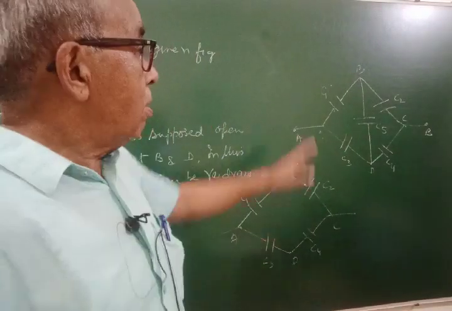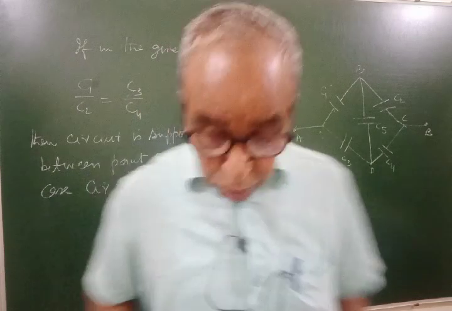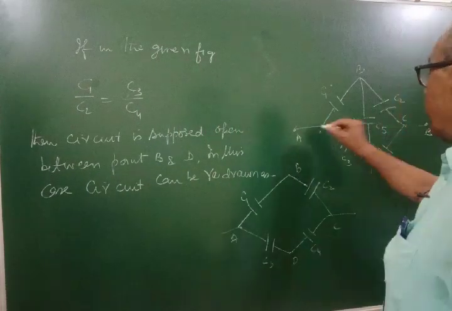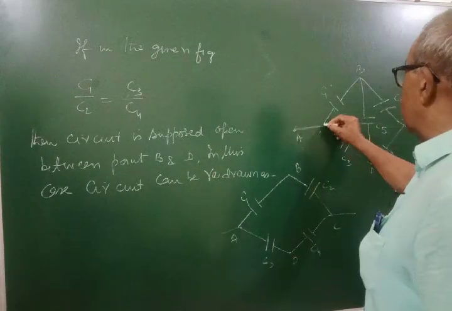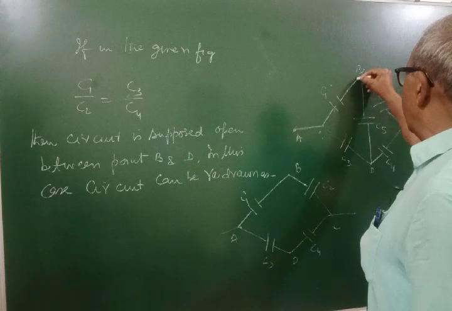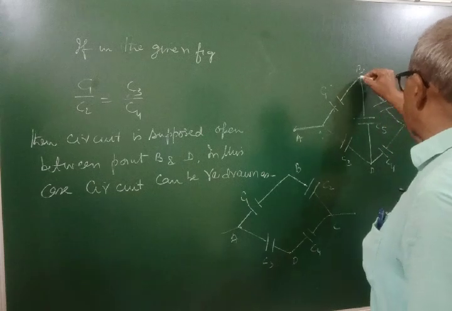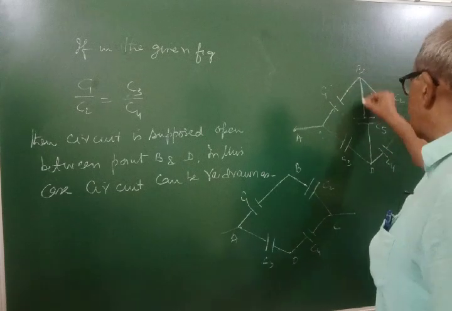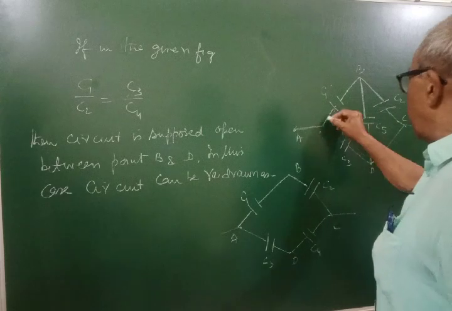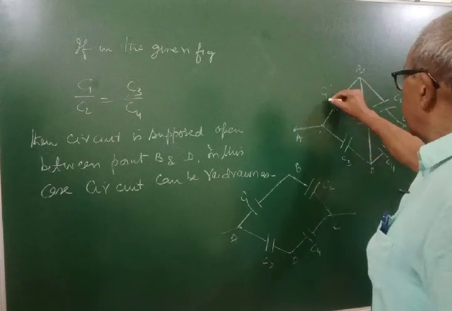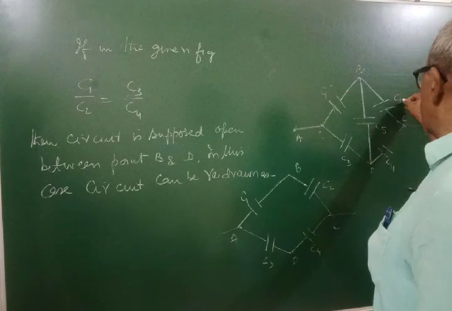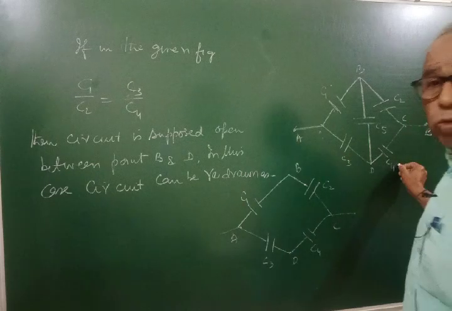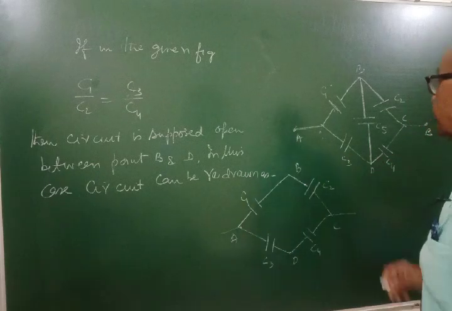Here I have drawn a diagram which is very important to understand. This is called a Wheatstone bridge. We will learn about it when we study current electricity. Here, capacitors C1, C2, C3, C4 are connected.